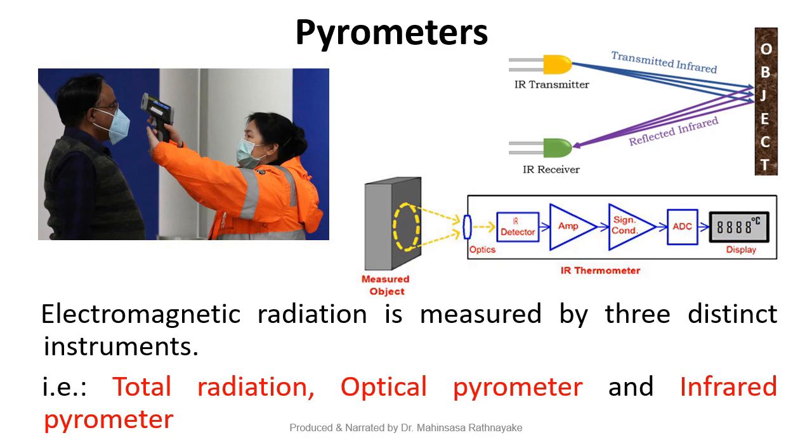Further discussion on pyrometers: as I told you previously, there are three main types. One is total radiation pyrometers, number two is optical pyrometers, and number three is infrared pyrometers.